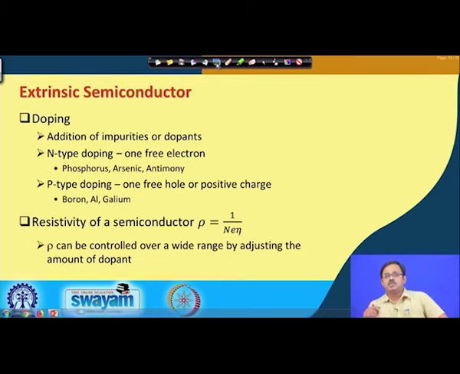So the mobility of an electron is higher than that of an electron hole. Therefore, for the same concentration of dopants, the resistivity of an n type doped semiconductor is going to be lower than that of a p type semiconductor, because the mobility of an electron is higher than that of a hole.